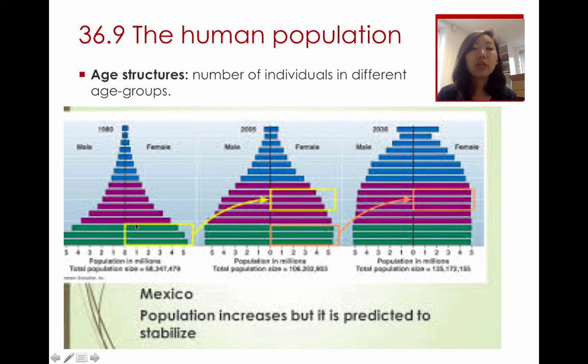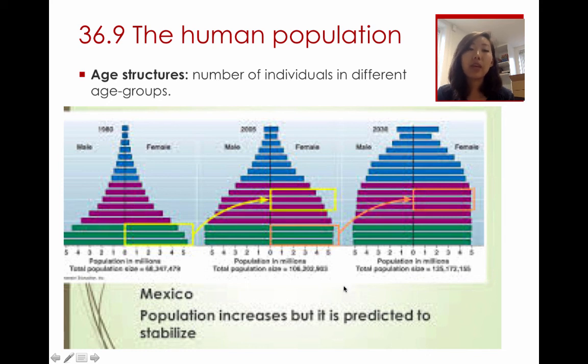You can see that this pink area is the number of people who are reproductively active. These are the people in the population that can have children, especially the female section. The way you can tell whether a population is growing is by comparing the older females with the number of reproductive females in the next generation. And you can see that we're increasing over time.